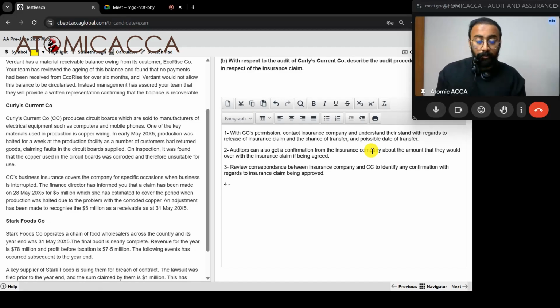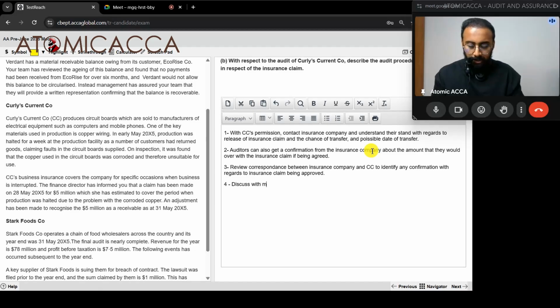If it is not approved, what would happen? If it's not approved, it means it's either only a probable chance, a possible chance or a remote chance. Based on the chance, they'll have to follow either a contingent asset treatment or ignore it completely. So you can let the company know about the insurance claim.